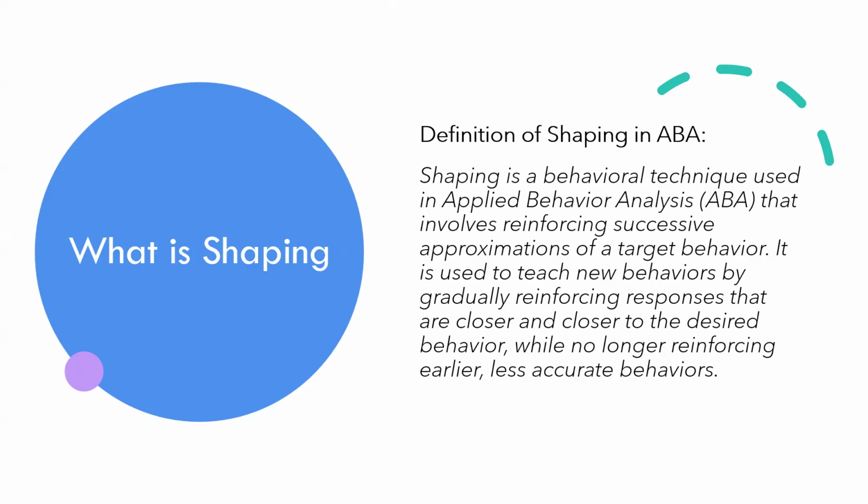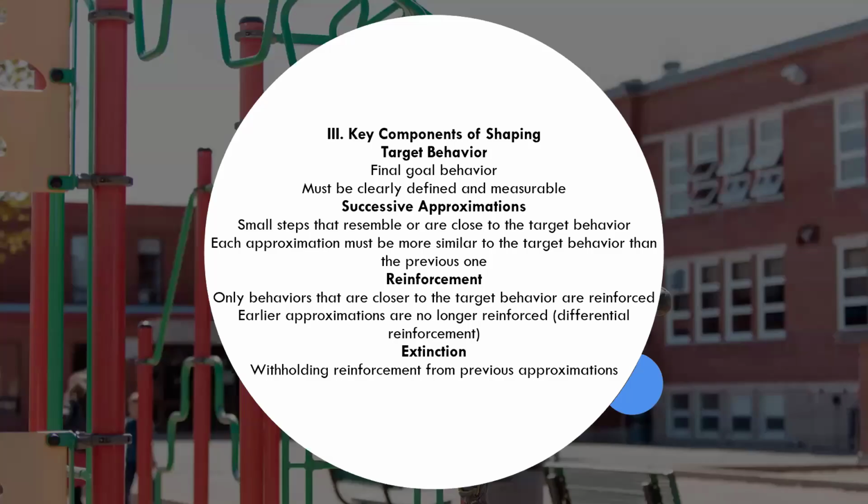So apple will be what we would call the target behavior that we want to reach, and the successive approximations may be saying "app," and then finally "apple." Over time, you can shape that behavior by reinforcing "a," and then reinforcing "app," and then reinforcing "apple" to get that desired outcome that you want to have.